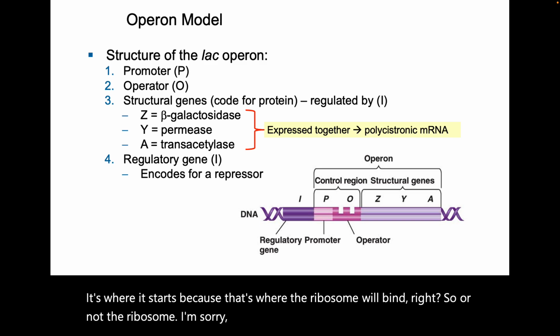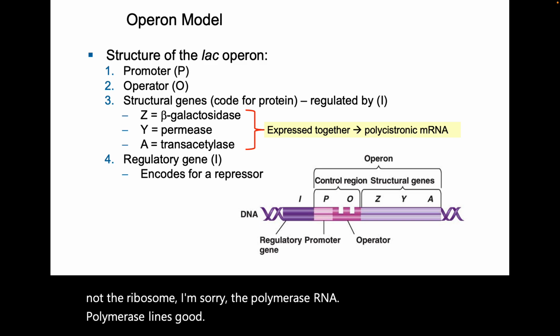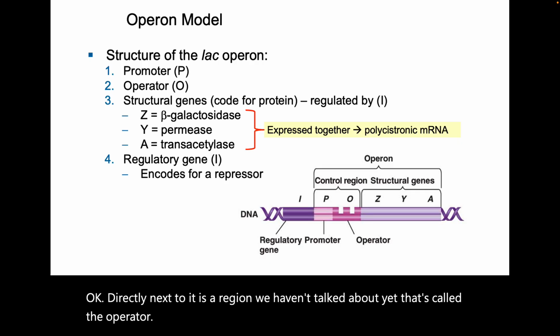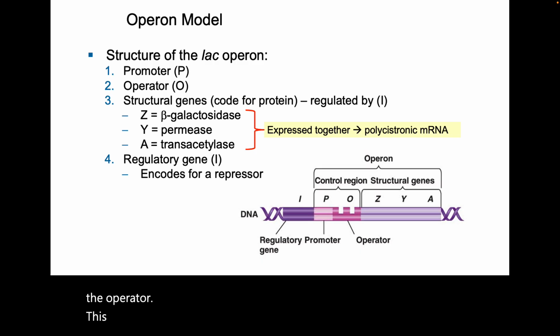RNA polymerase binds. Good. Okay. Directly next to it is a region we haven't talked about yet that's called the operator. This is where we'll get some type of repression happening.